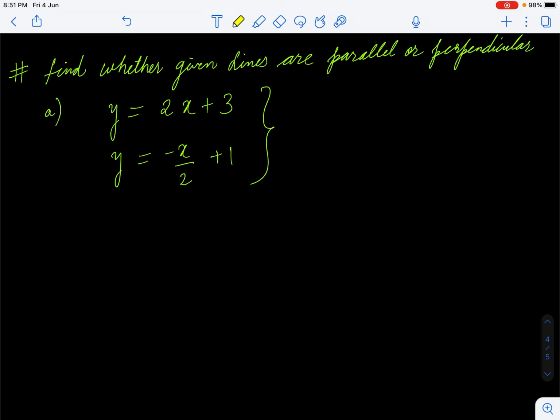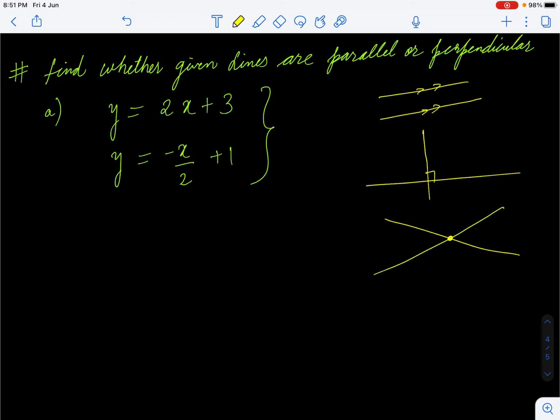Sometimes lines can be parallel, sometimes they can be perpendicular, sometimes they can be neither also. They might be intersecting. Correct? So there are three cases possible between two lines. They are parallel like this. They can be perpendicular like this, or they might be intersecting also. All right, they are intersecting at one point.